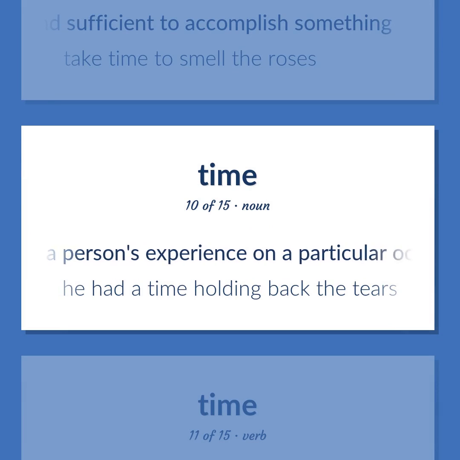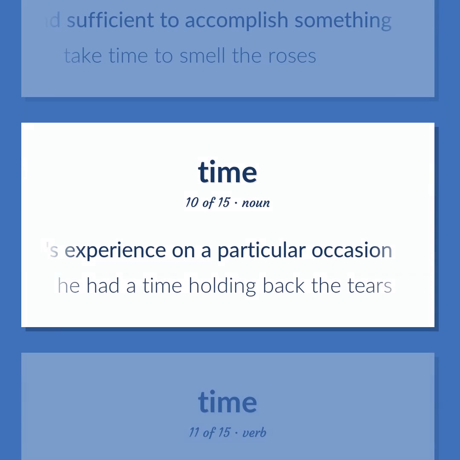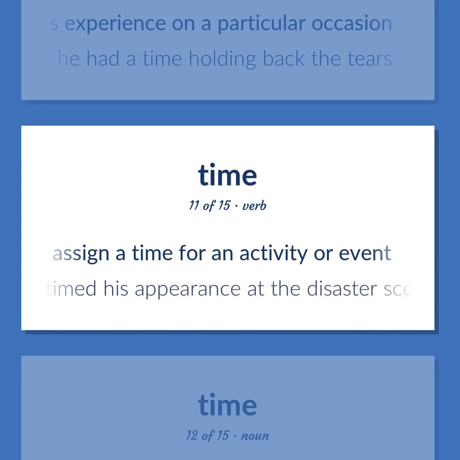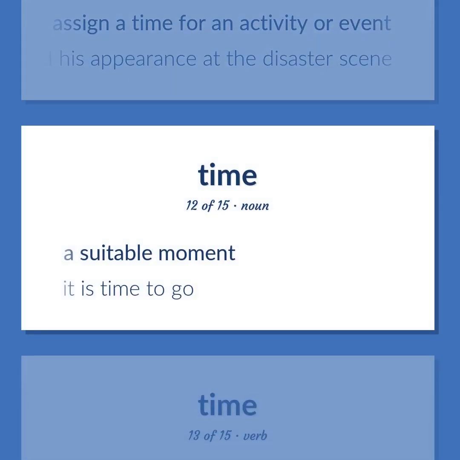A person's experience on a particular occasion. He had a time holding back the tears. Assign a time for an activity or event. The candidate carefully timed his appearance at the disaster scene. A suitable moment. It is time to go.